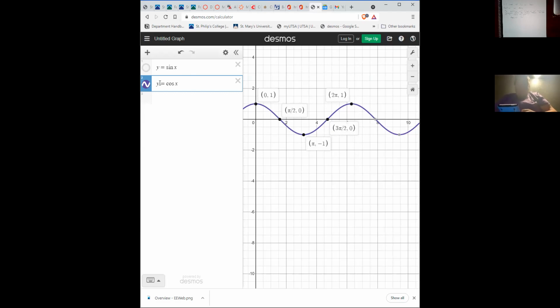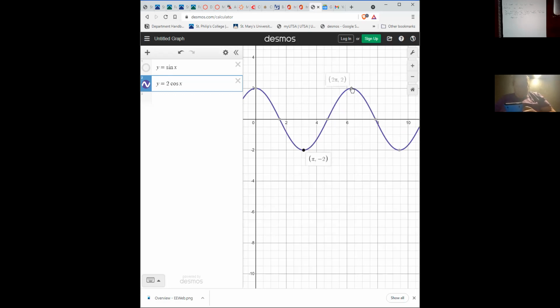Now, looking at our notes, we said that the letter A is the amplitude, right? So the number in front of here is a 1 because I didn't write it. So the highest point is 1. The lowest point is -1. Now, if I were to change this into a 2, now the amplitude has increased to 2, -2, right?